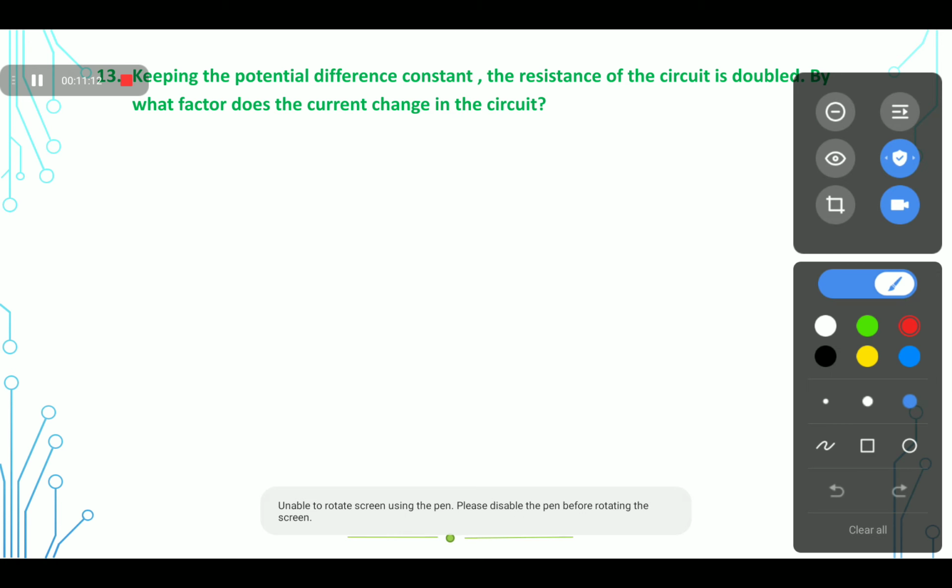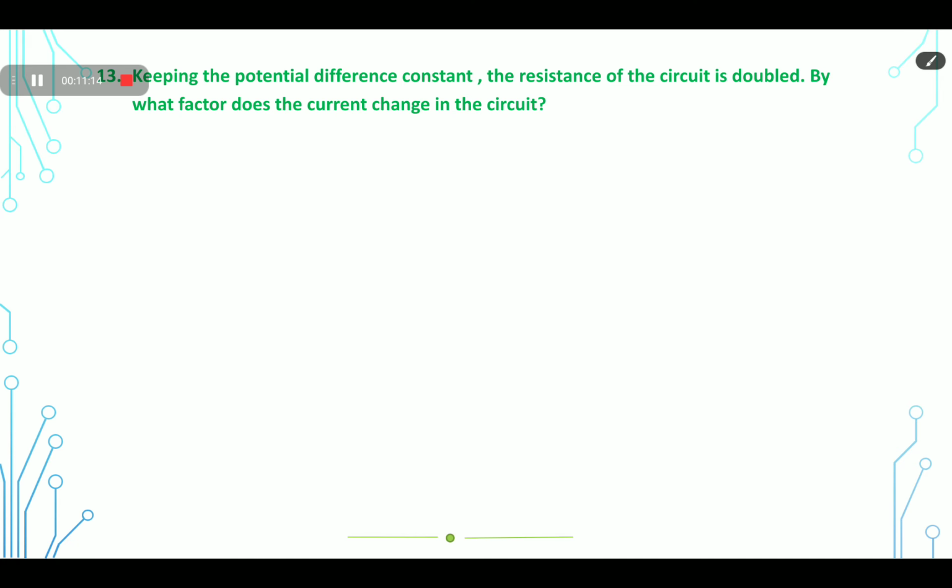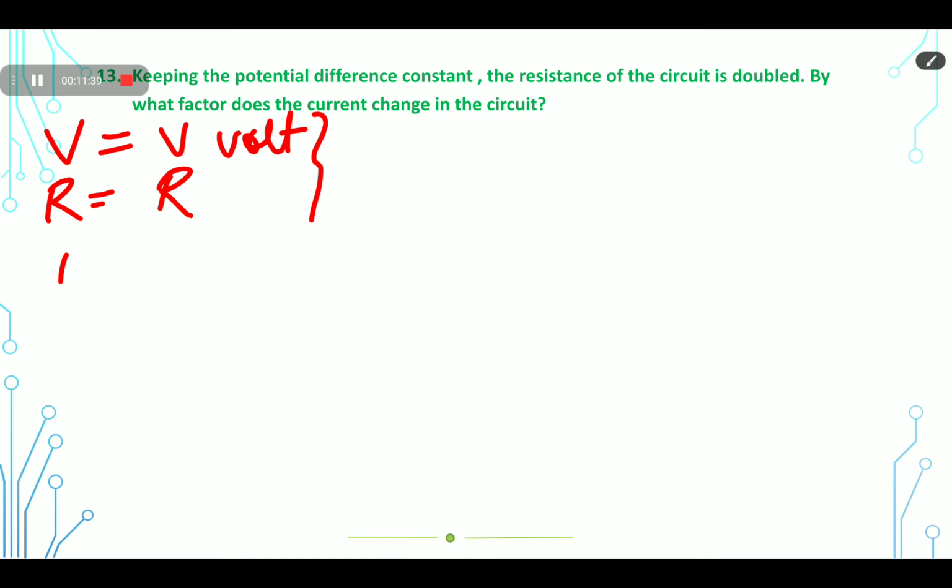Now in question number 13, keeping the potential difference constant, the resistance of the circuit is doubled. First, suppose that the potential difference V is equal to V volt, and the resistance of the circuit is R. Using these two, firstly we will find the current.